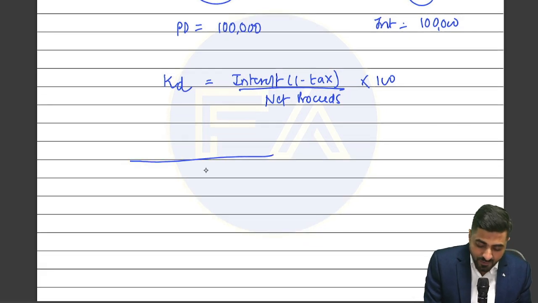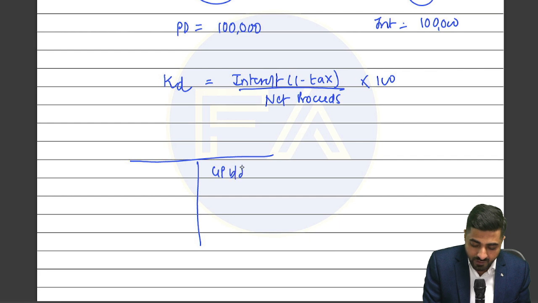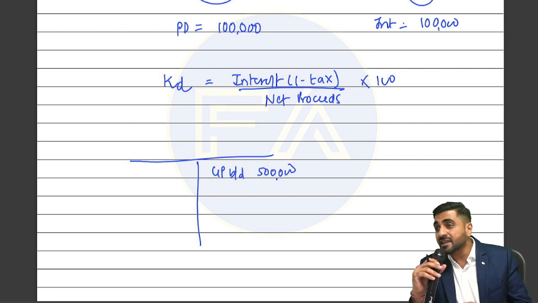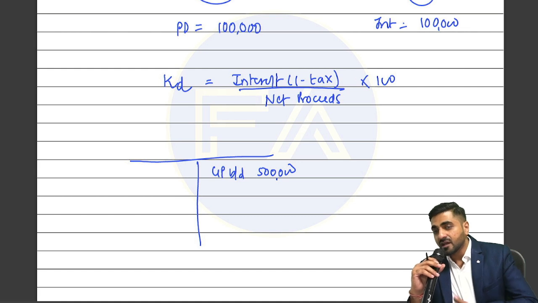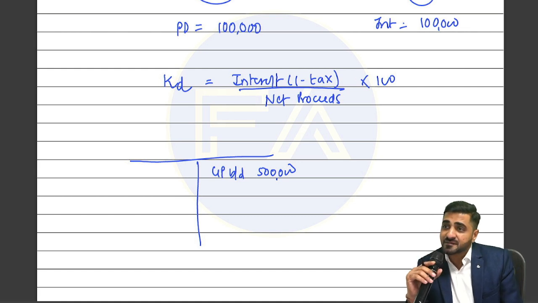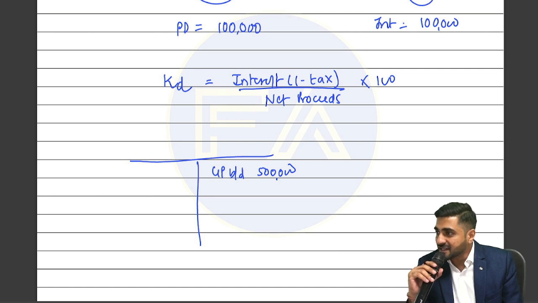Let's say, for example, your firm has a profit of 5 lakh rupees. Tell me, in preference shares, when we are paying preference dividend, can we pay preference first, then tax? We first pay tax and then we have to pay preference.